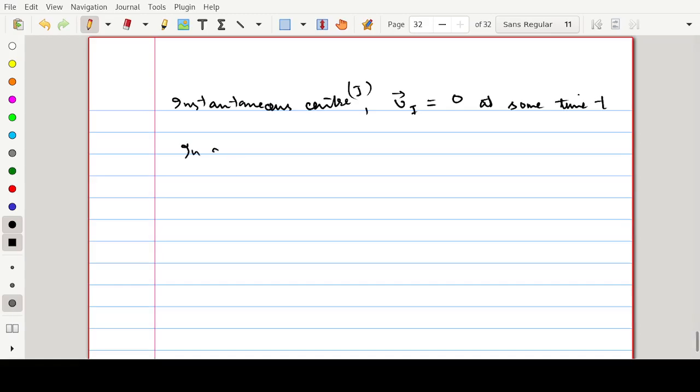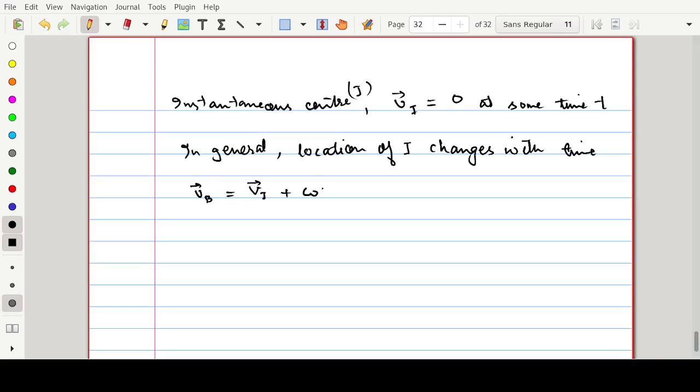In general the location of I changes with time, but still you can use it to find velocity using VB is equal to VI plus omega k cross RBI, and VI is 0 at an instant. So for another instant it could be different.